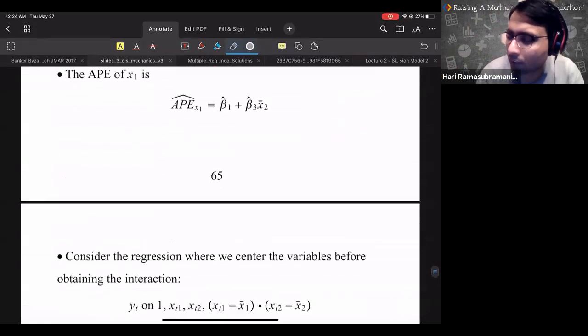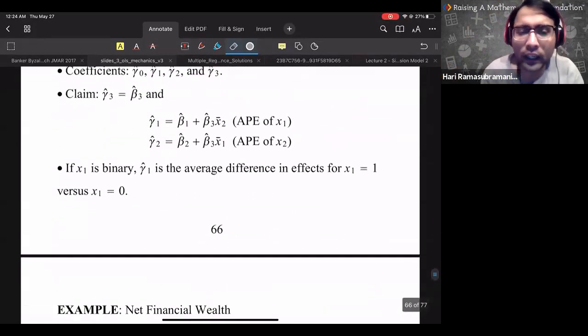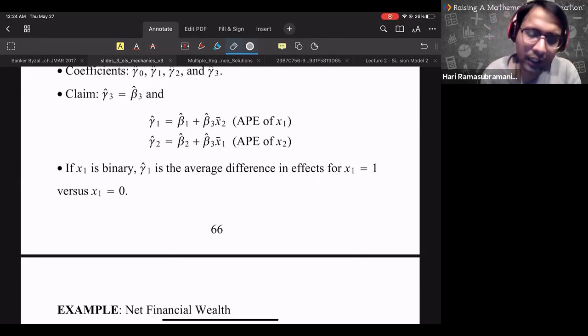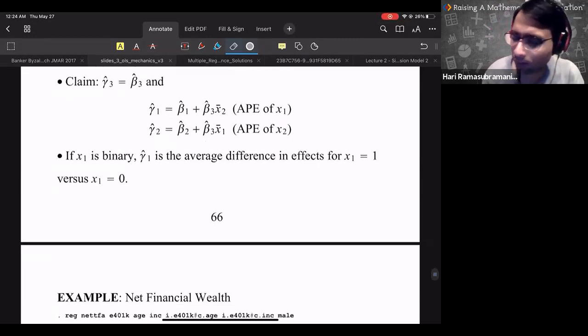But if you center it, then your beta 1 hat automatically gets interpretability. And then you'll see that the results are similar to when you had not interacted x1 with x2. So centering is always a good idea. It is always a good idea to center the variables before you interact.